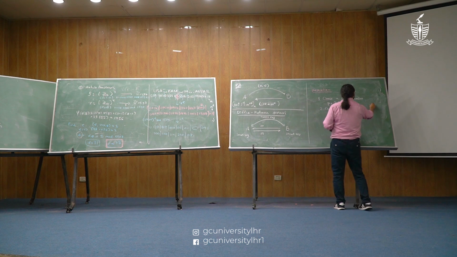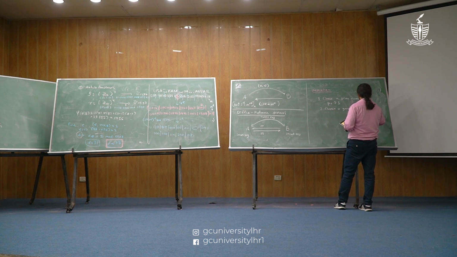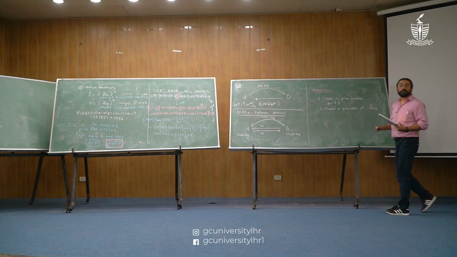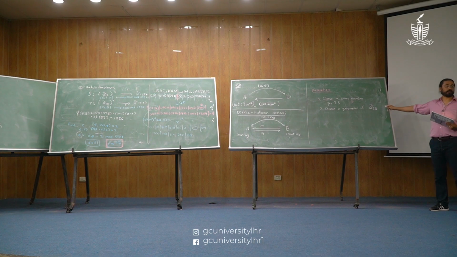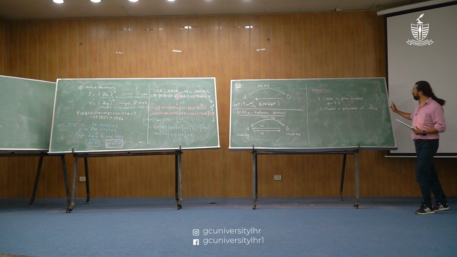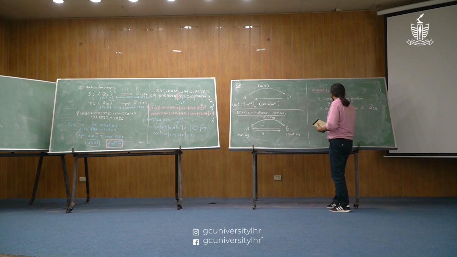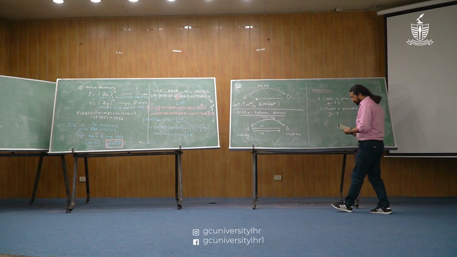This is a cyclic group, right? So choose a generator. Let's choose 7, for example.